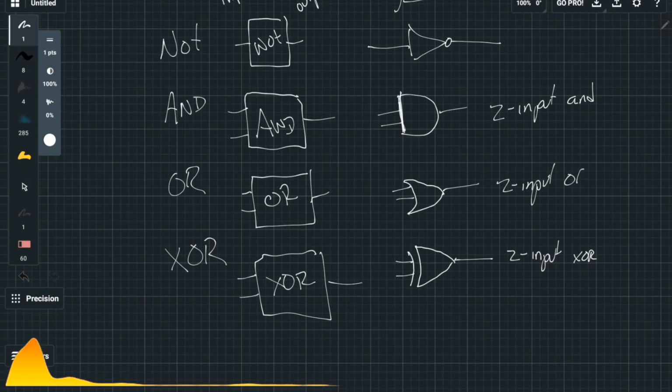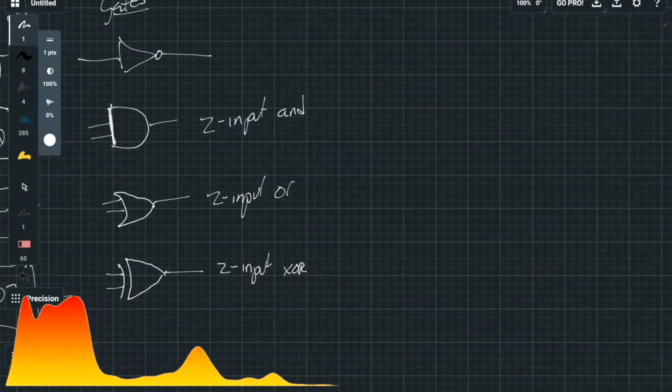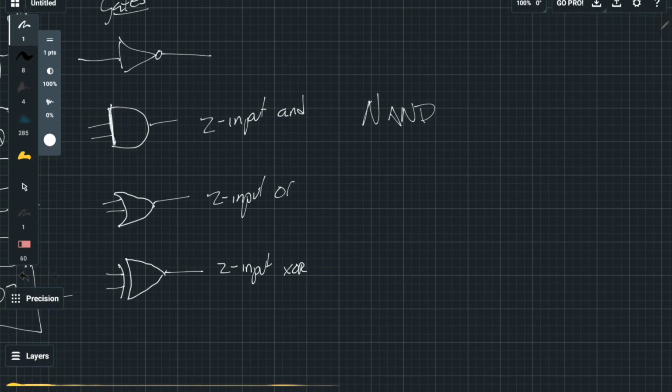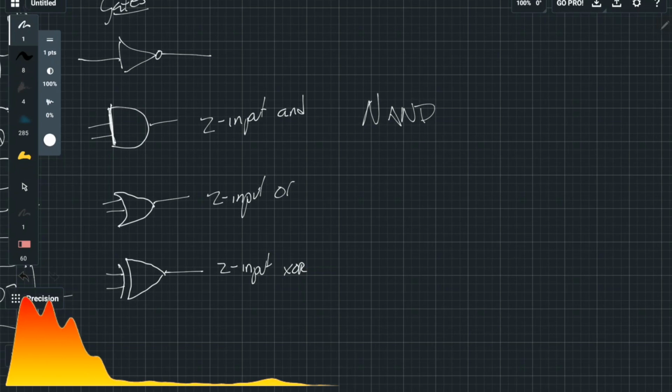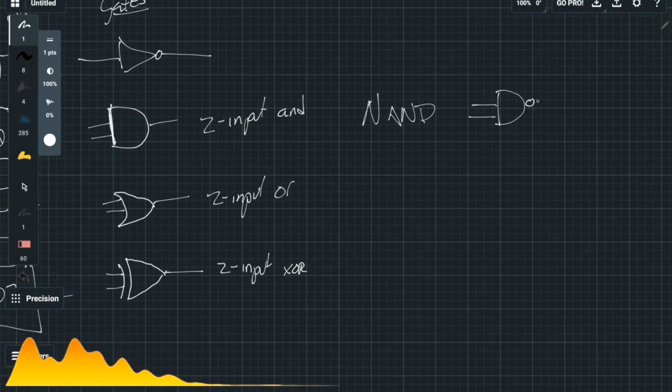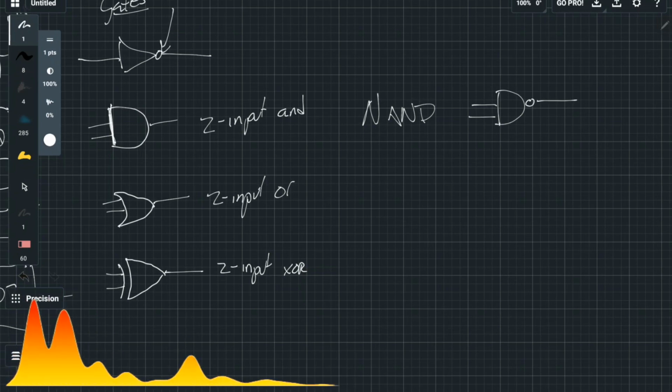So we have AND over here. Let's define another one called NAND. NAND is basically just saying we take the AND operation and there's an inversion on it. And remember I told you that the circle has meaning? Well, there's a NAND. It's taking that circle from the inverter, which is expressing an inversion, and bringing it over to the AND gate.